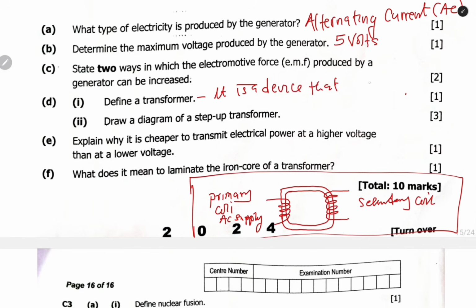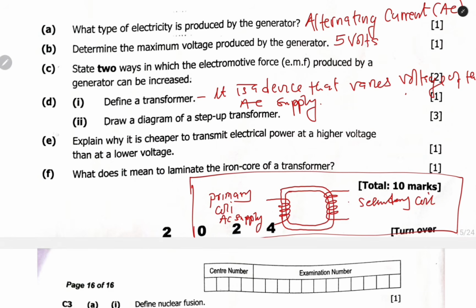In other words, it is a device that varies the voltage of the AC supply. So it either steps up or steps down. So there are 2 types of transformer: a step up or a step down. In a step up transformer, the number of coils here is less compared to here.